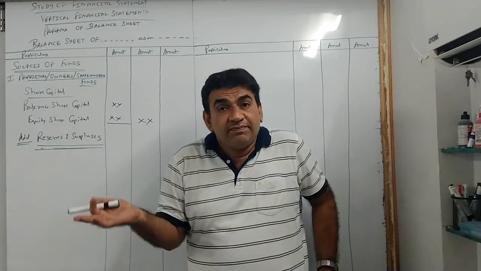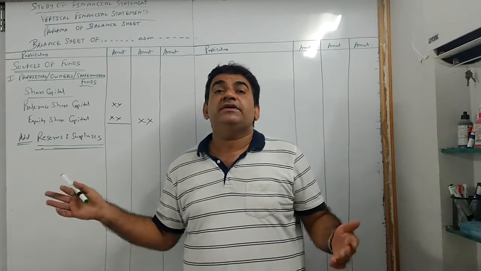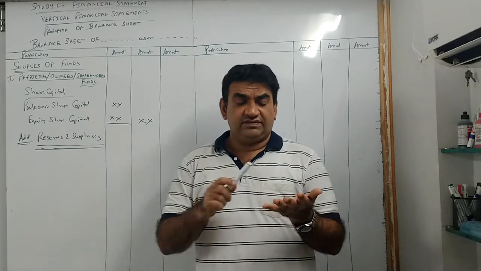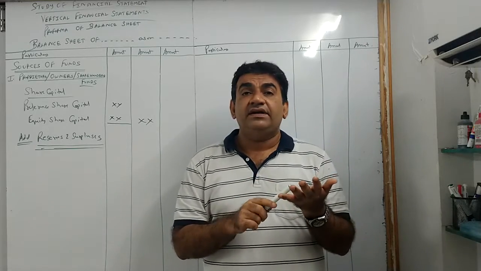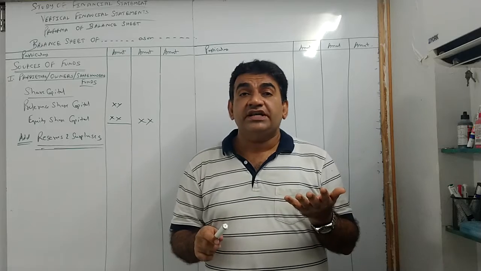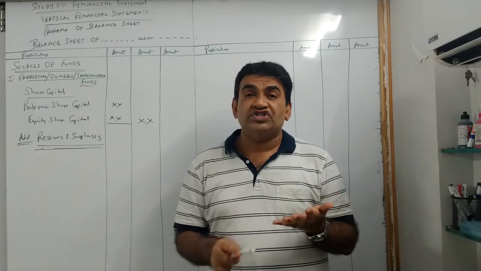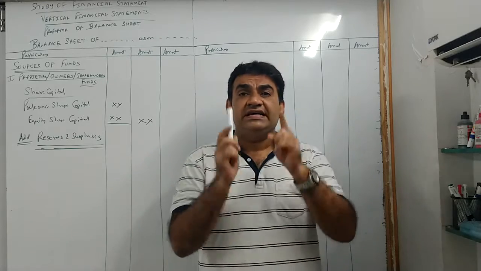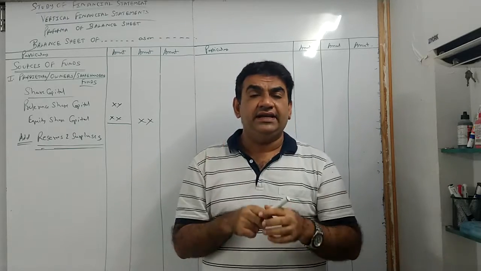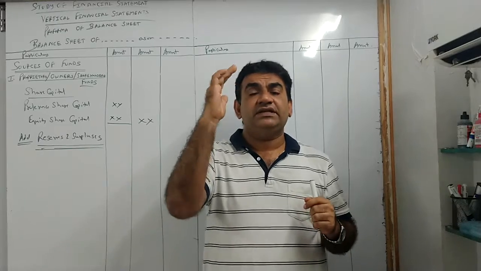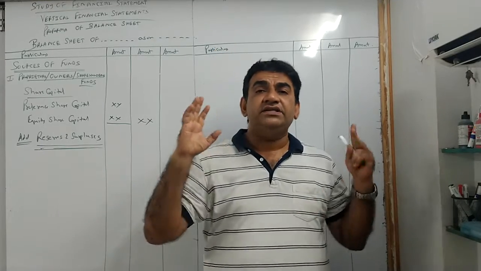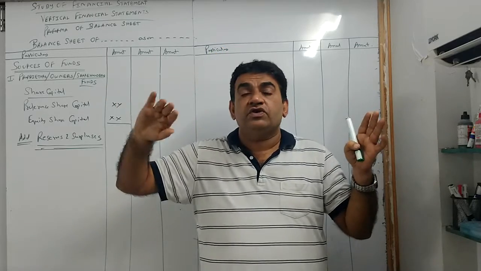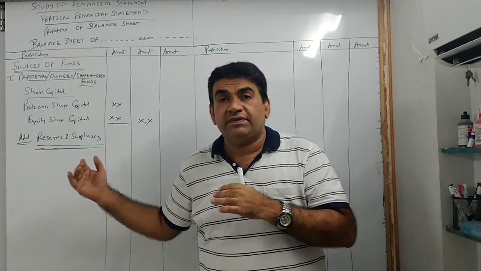Examples: general reserve, capital reserve, capital redemption reserve, securities premium, profit and loss, reserve fund, sinking fund. There are different types of reserves. In TY, you are going to do it in detail. Right now you have to just remember the items and basic meaning.